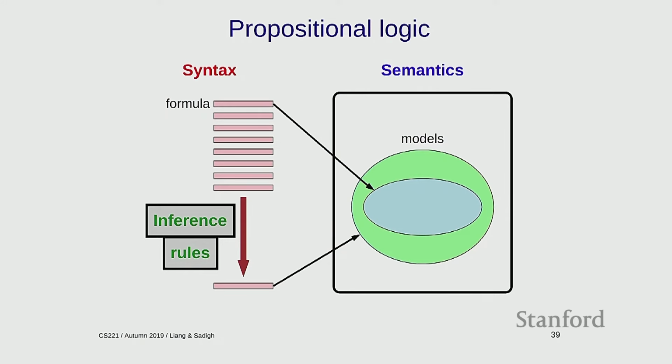Okay, so I'll try to explain this figure a little bit, since it was probably pretty mysterious from the beginning. I have a bunch of formulas. This is my knowledge base. Over time, I accrue formulas. And these formulas carve out a set of models in semantics land.